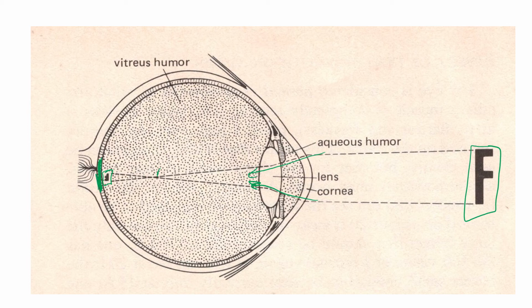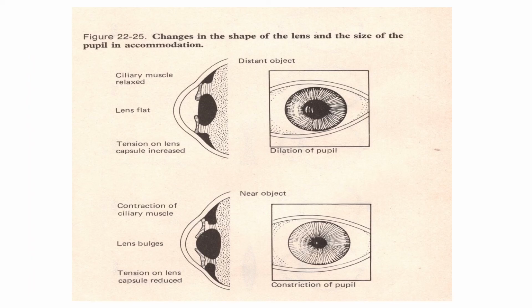It tracks up to the brain through the optic nerve. Up in that optic chiasma, up in your brain, that's where this image is inverted back around. It's turned right side up.